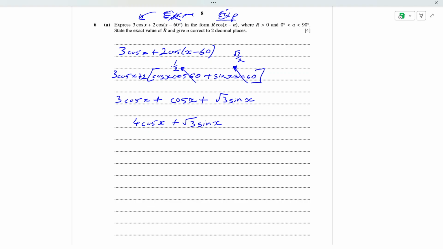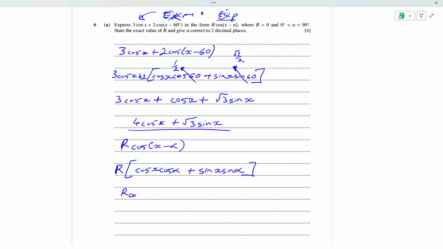Okay, now we've expanded that. Now we're going to expand r cos(x minus alpha). When we do that expansion, we take our r outside since it's a constant. Then we do the same procedure here: cos x cos alpha plus sine x sine alpha.